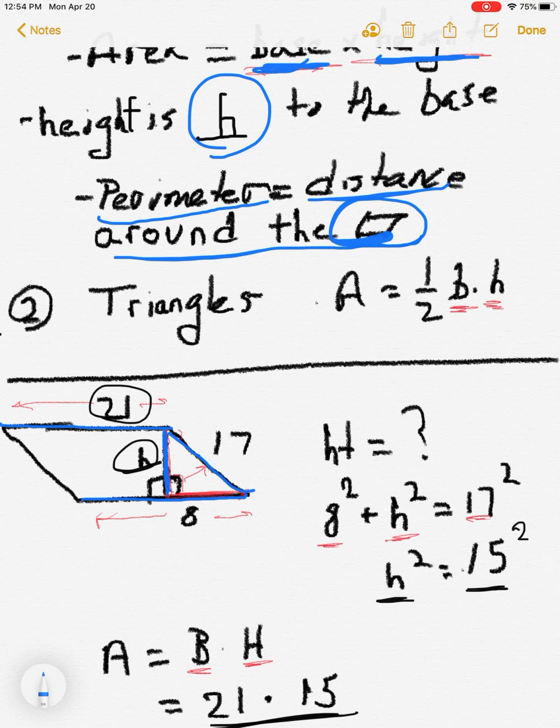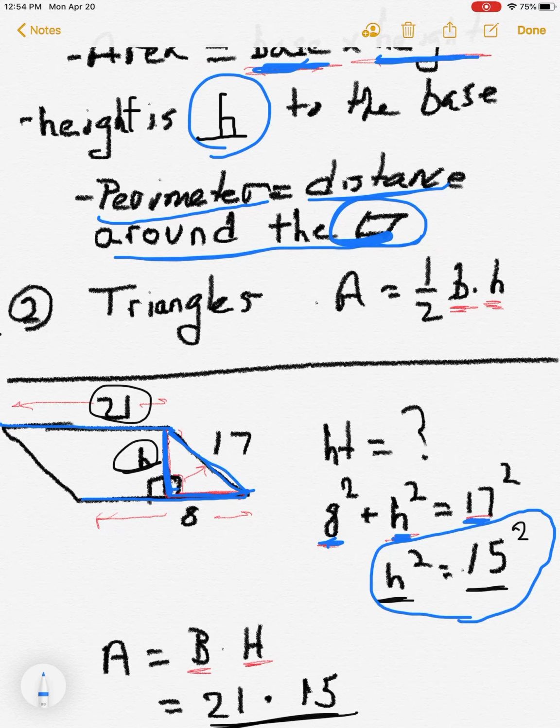But using the Pythagorean theorem, we could say 8 squared plus h squared equals 17 squared. If you take 17 squared and subtract 8 squared, you will find that h squared is 15 squared, or h is 15. So the real height is 15.